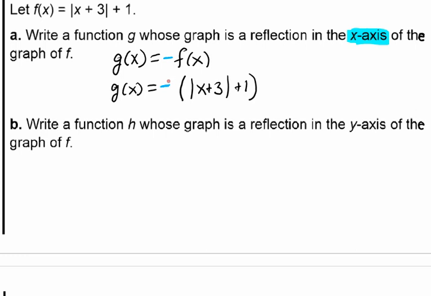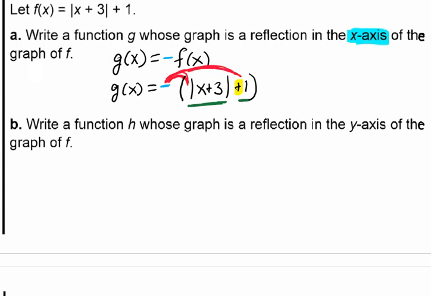We want to distribute that negative sign once to the front of the absolute value symbol and once to the 1, because here we see we have two terms. The absolute value is counted as one term or piece, and the 1 is counted as one term or piece because they're being separated by this plus sign right here. So that means that our negative sign out in front can only go to those two places.